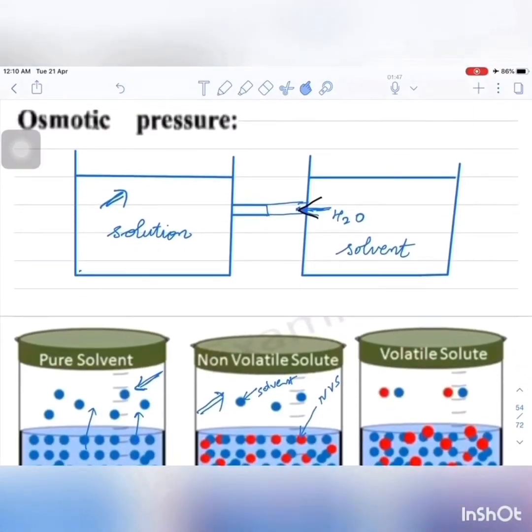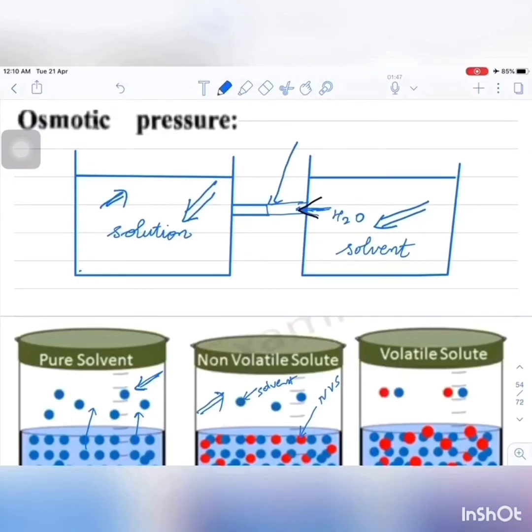What is osmotic pressure? Let we place pure solvent, H2O, in one side of the container and we place solution in other side of the container. The two containers are separated by SPM.